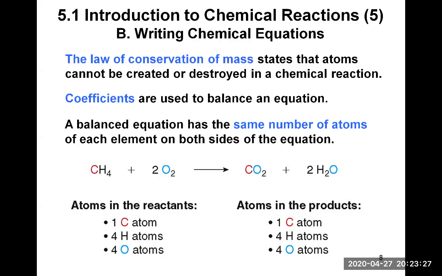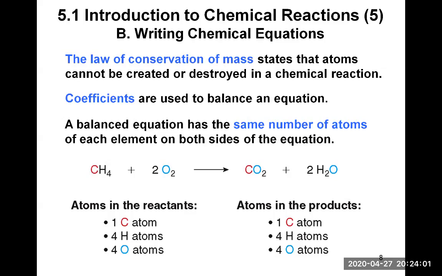Then on the right side here, we have 1 carbon atom from CO2, 4 hydrogen atoms from 2 molecules of water, because each molecule of water has 2 hydrogens. You multiply the coefficient by the subscript, 2 times 2, and again we have 4 hydrogens on the right. And oxygen: we have 2 oxygens from the molecule of CO2 and 2 other oxygens from the 2 molecules of water.